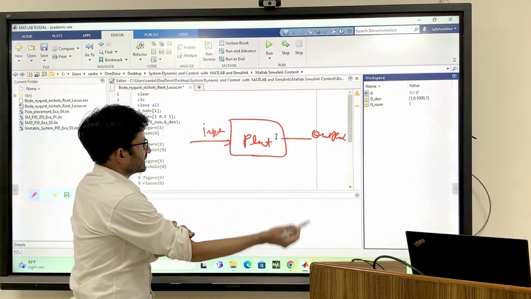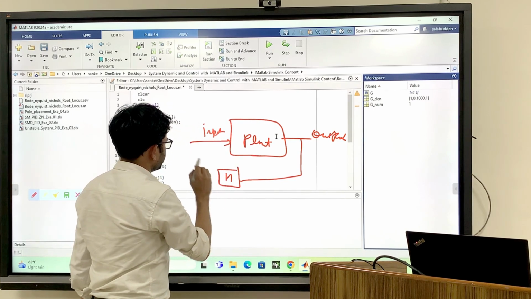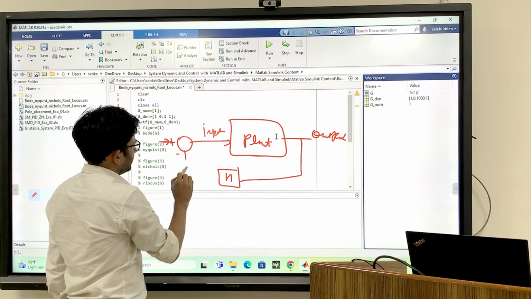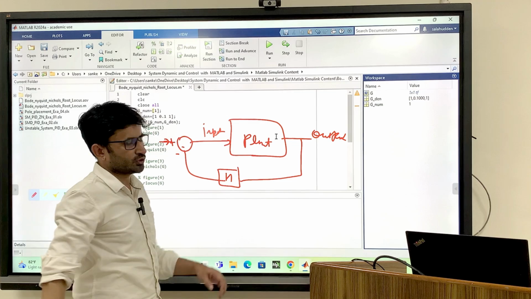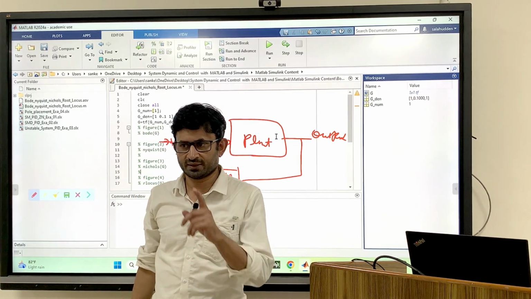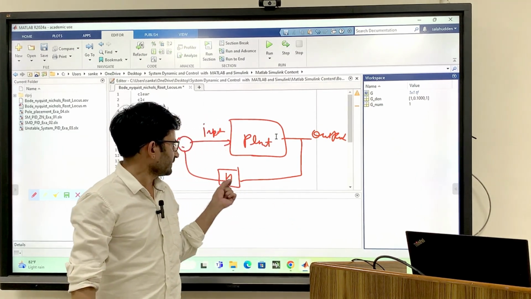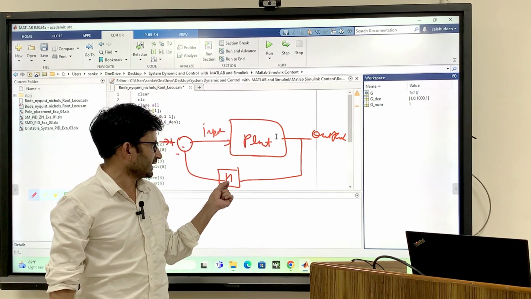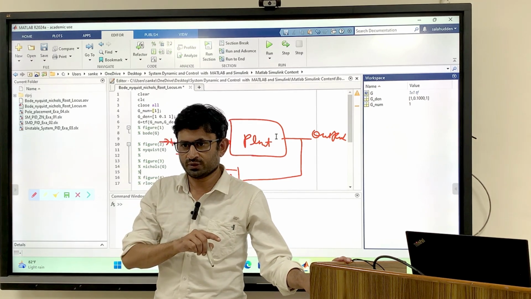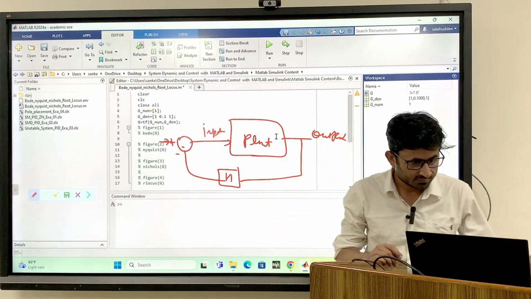You are interested in the output, and by taking the feedback you are changing the gain, and this is your desired set point. By changing this gain you can manipulate your system damping by taking the feedback. So when you change the gain, you will see your closed loop eigenvalue will change. We will see in today's class how we achieve the same.